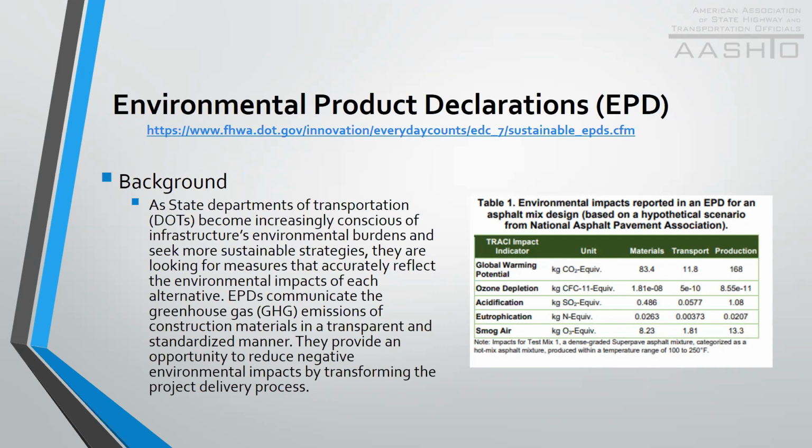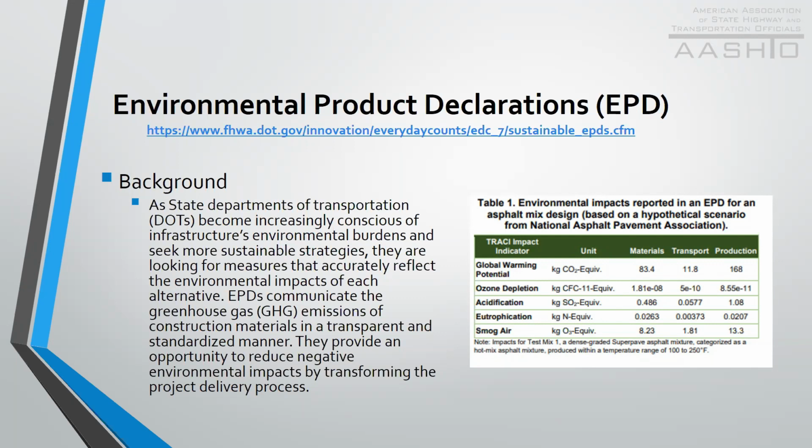As state departments of transportation become increasingly conscious of infrastructure's environmental burdens and seek more sustainable strategies, they are looking for measures that accurately reflect the environmental impacts of each alternative. EPDs communicate the greenhouse gas emissions of construction materials in a transparent and standardized manner. They provide an opportunity to reduce negative environmental impacts by transforming the project delivery process.